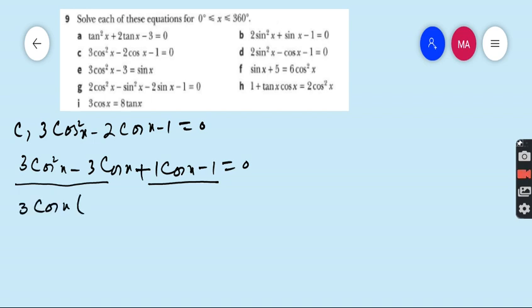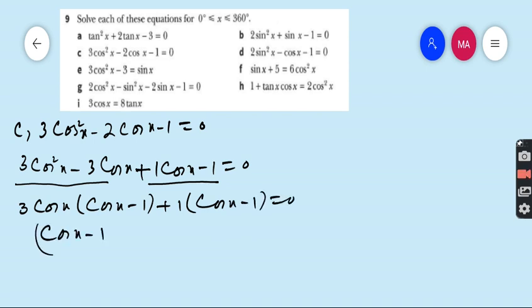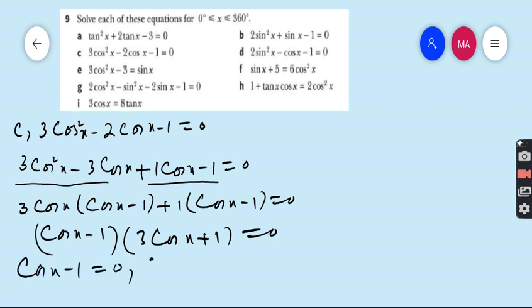Taking common 3 cos x, cos x minus 1, taking 1, cos x minus 1 is equal to 0. Cos x minus 1, 3 cos x plus 1 is equal to 0.